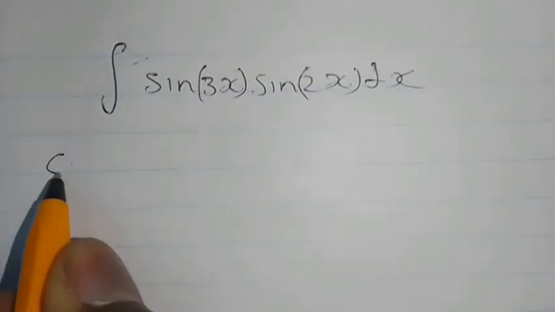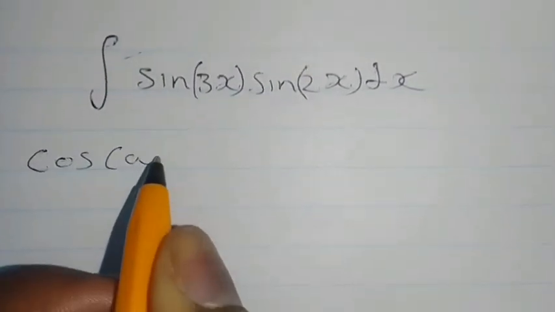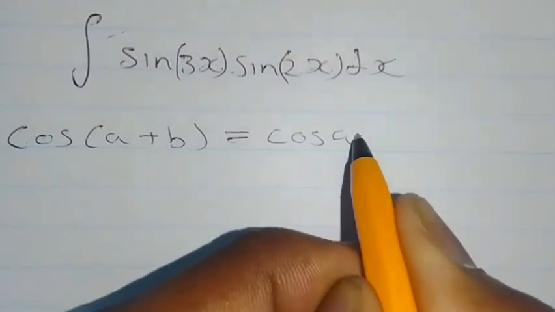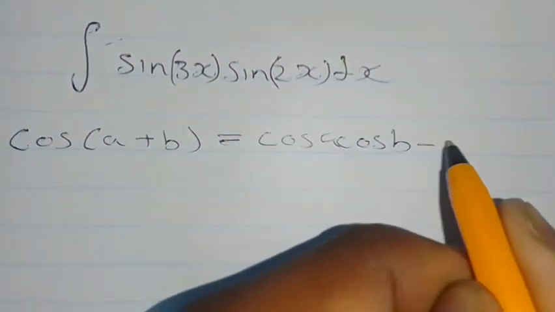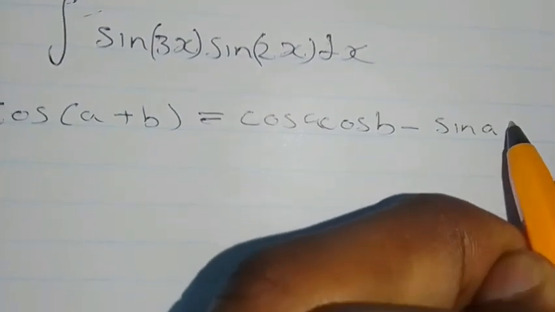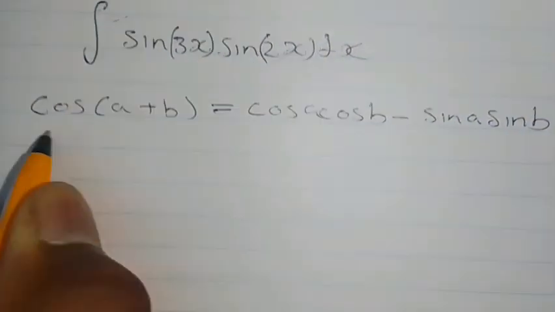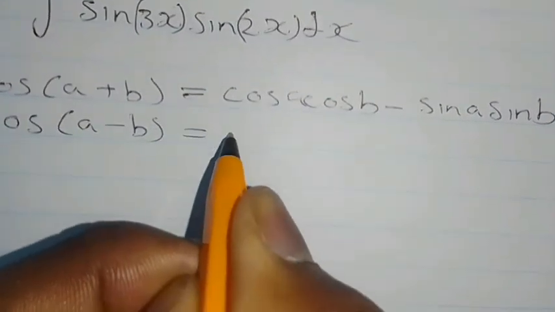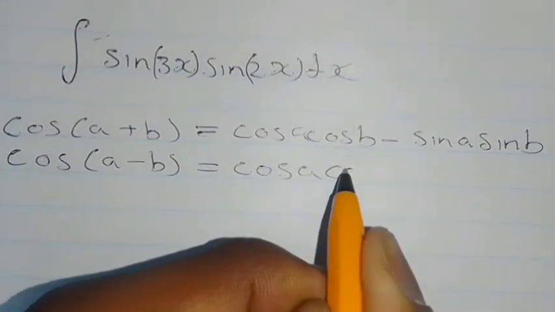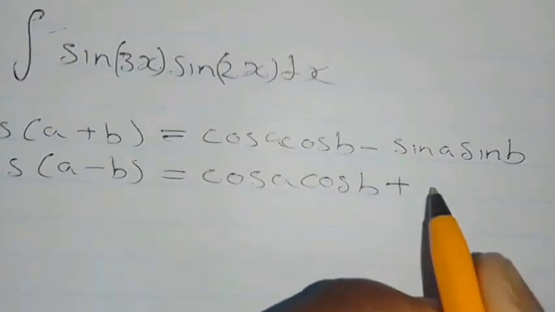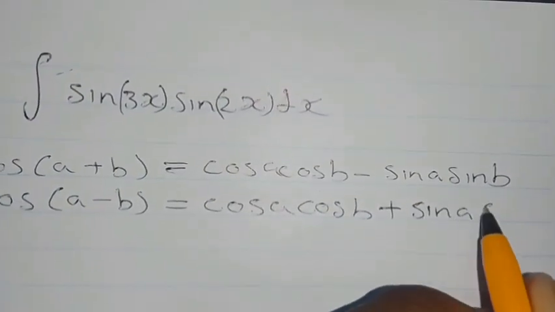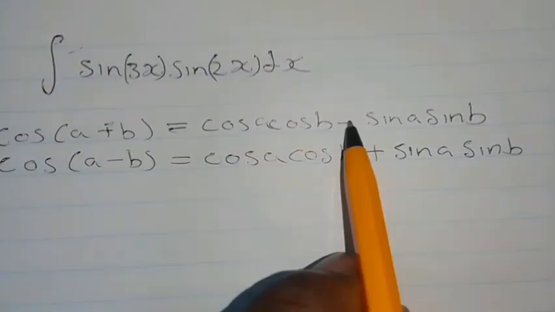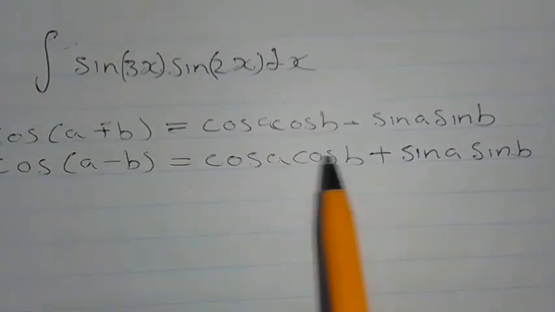Now if you know the identity for cosine, cos A plus B is the same as cos A cos B minus sine A sine B. And cosine A minus B equals cos A cos B plus sine A sine B. With cosine, the signs swap: for positive you have a negative in between, and for negative you have a positive in between.